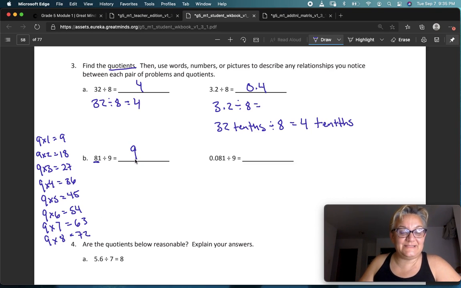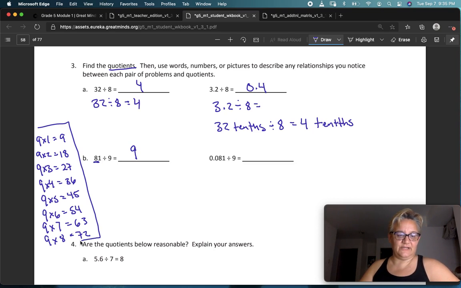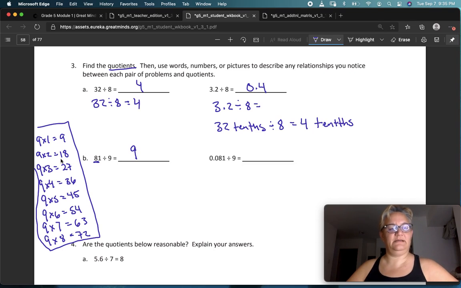And then 9 times 9 equals 81. 8 plus 1 equals 9. So a little math fact trivia for you if you didn't know that little trick. There you go. Help you out a little bit. And the first number is always one less than the number it's being multiplied by, right? So here the first number is 0. Here the first number is 1, 2, 3, 4, 5, 6, 7. And I could count backwards the other way too. 2, 3, 4, 5, 6, 7, 8, 9. Gosh, the 9s are fun.